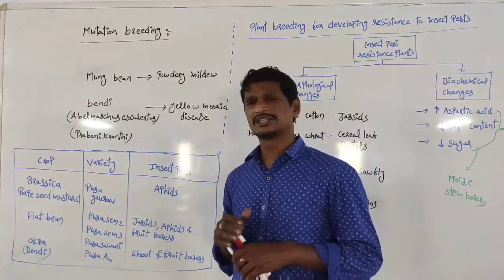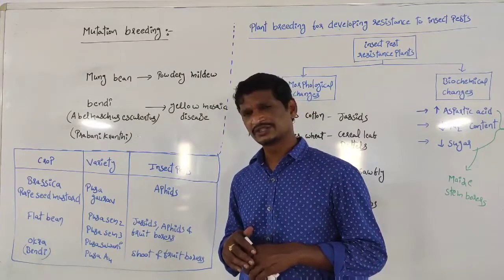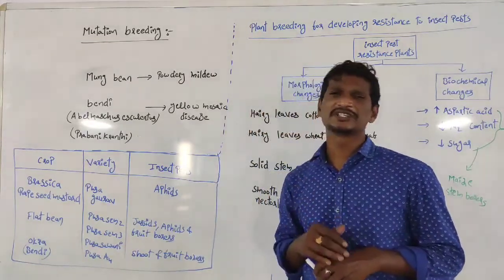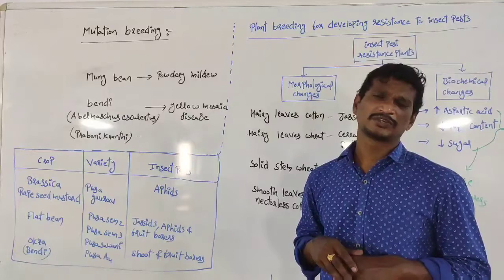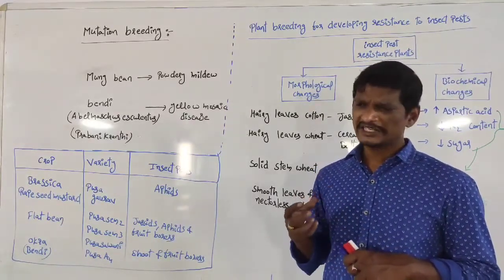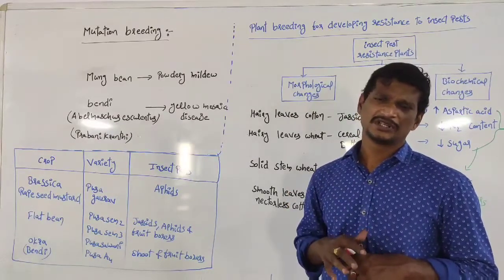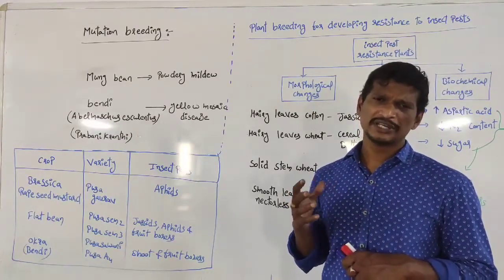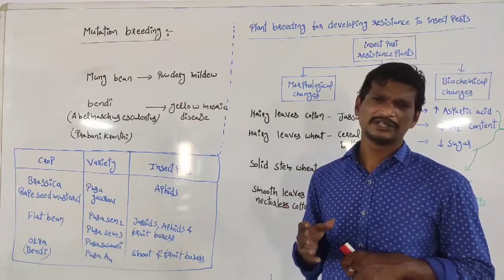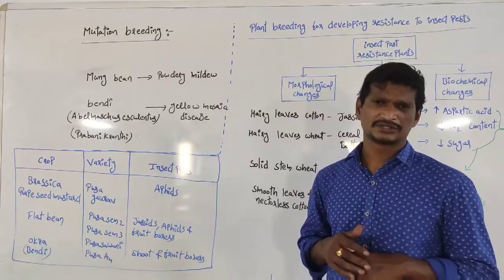Mutagens are nothing but gamma radiation, which is the best example, and UV rays are also a good example. There are some chemical mutagens also. So the plant parts are exposed to a mutagen, which causes mutations.